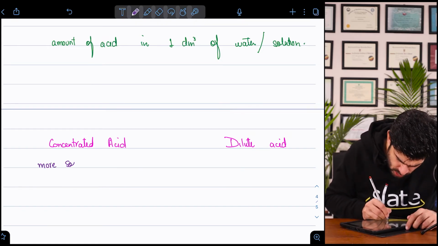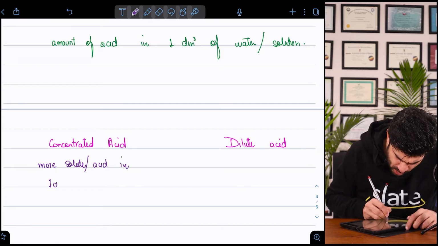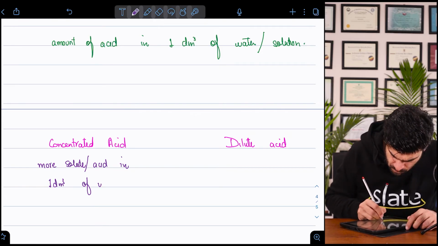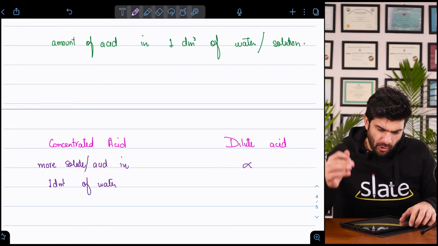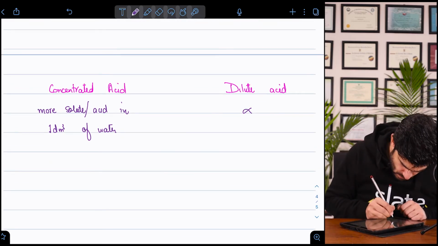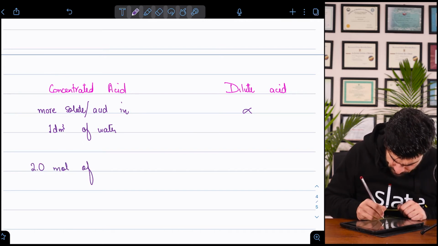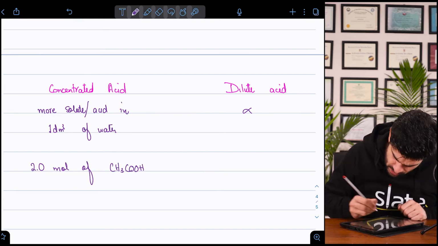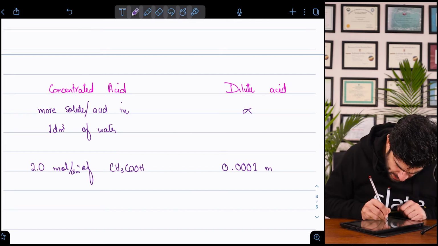So more solute or acid in 1 dm cube of water, and dilute vice versa. Now, how do we express it in concentration? Let's say we have 2.0 moles of ethanoic acid, and for dilute we can say 0.0001 mole per dm cube. My apologies.